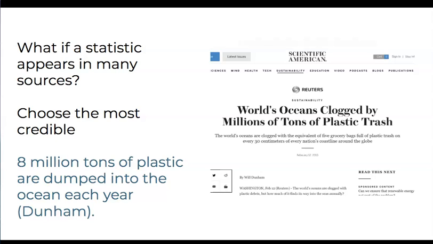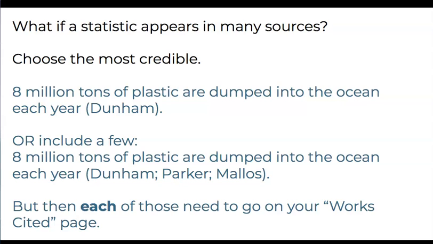It saves your reader time. You're not relying on your reader to Google that information and see that it's credible. Instead, you're telling your reader, this is a statistic, and if you want to read more and find out more, this is a great source for you. So go to this Reuters source about this. So basically, if a statistic appears in many sources, choose the most credible.